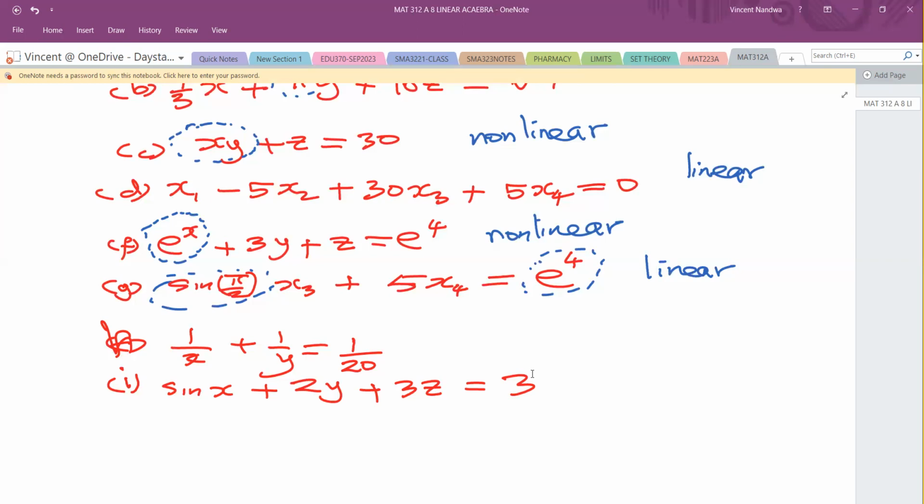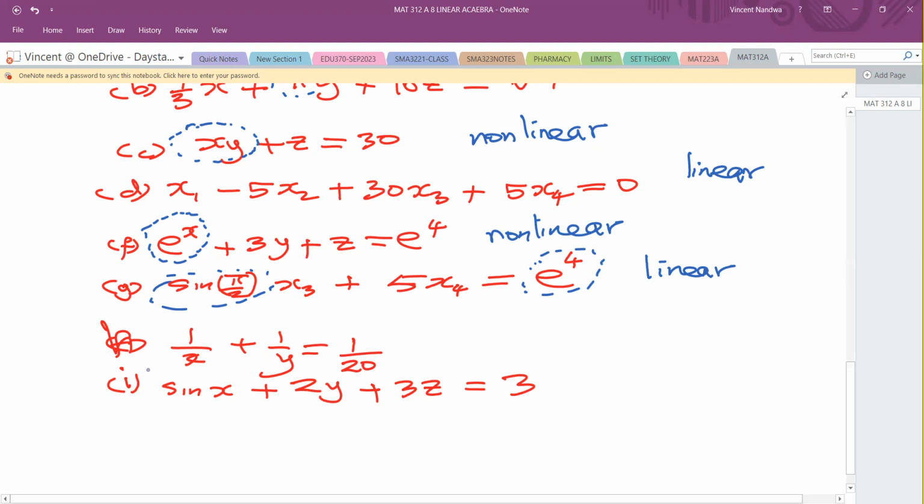Linear or nonlinear? Linear, and you are sure. When you write 1 over x, what do you mean? What's the power of x? X raised to the power negative 1.